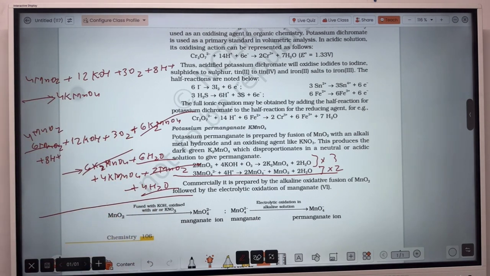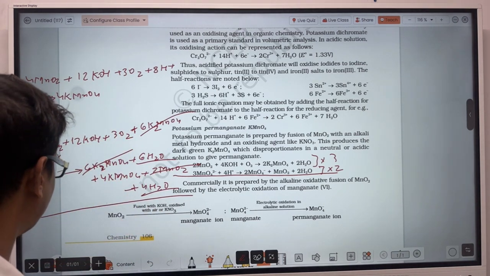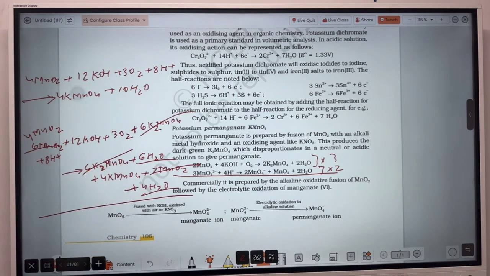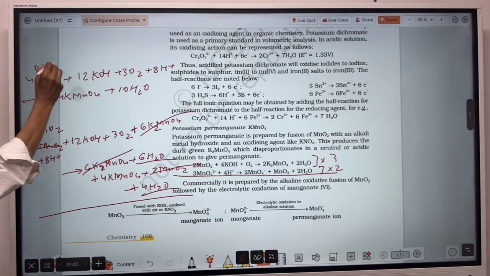So that is here. The overall reaction is O plus 10H2O. The overall reaction is that much. This one is the overall reaction.